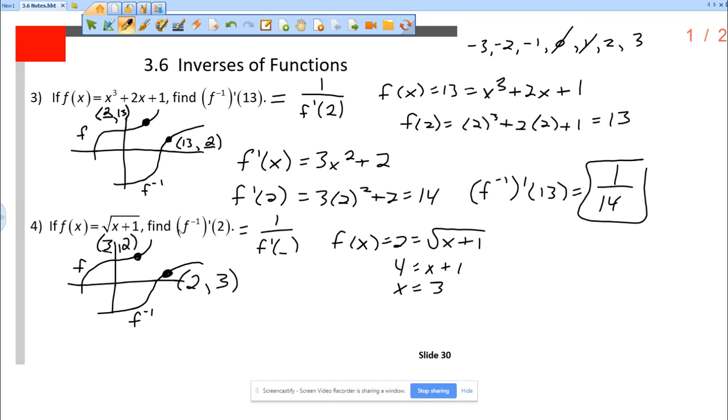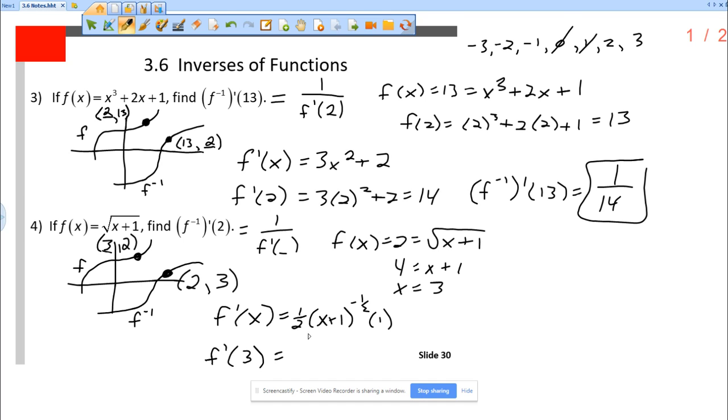Now remember, f inverse prime of 2 is going to equal 1 over f prime of 3. So I want to find f prime of x. f prime of x would be 1/2 times (x plus 1) to the -1/2 times the derivative of x plus 1, which is just 1. Then I find f prime of 3.